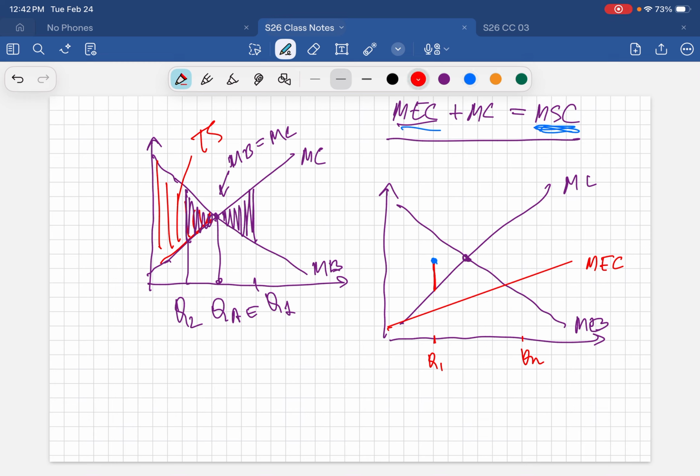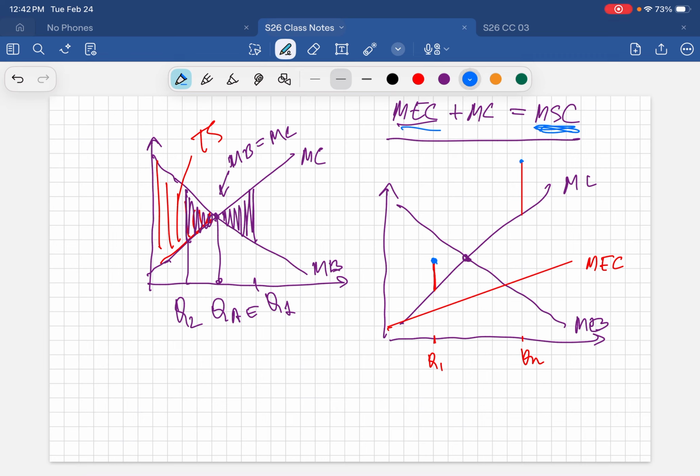And you do it at least twice. So see what I'm doing? Taking this distance, grabbing it, putting it on top of MC. Together they give us marginal social cost at this level of output.